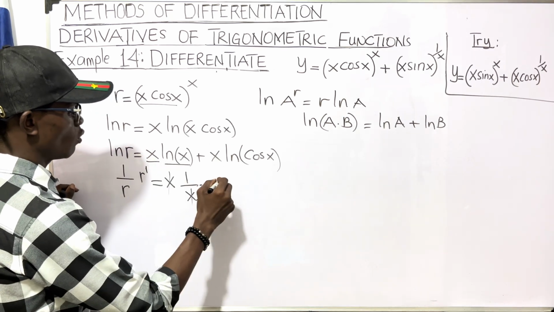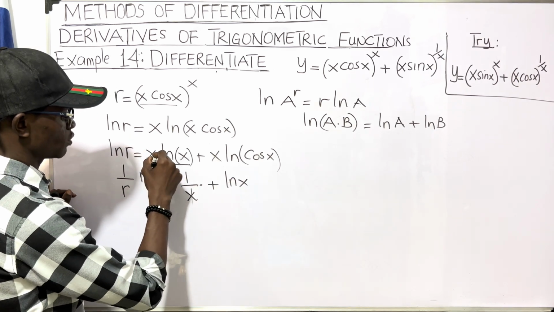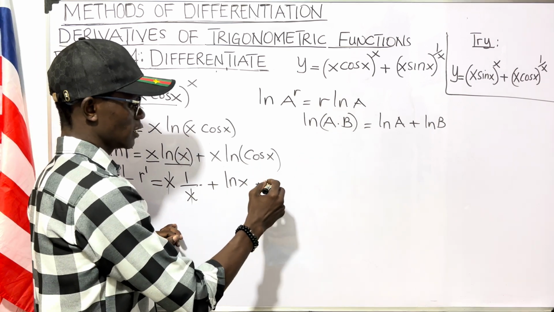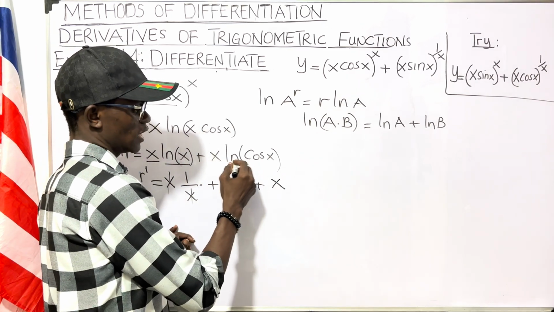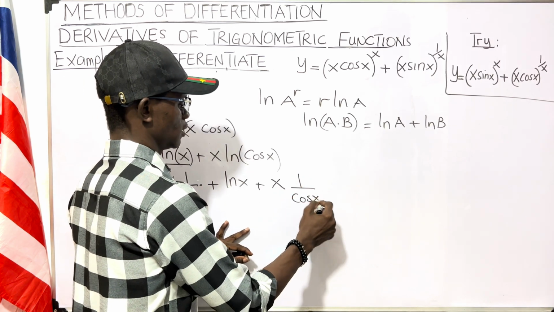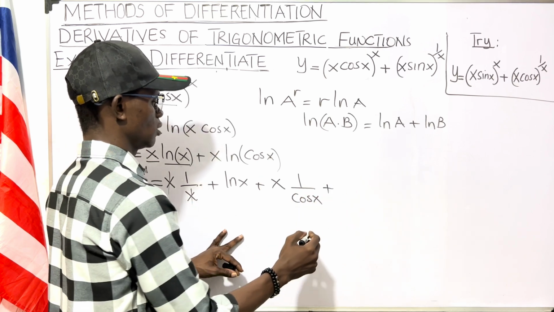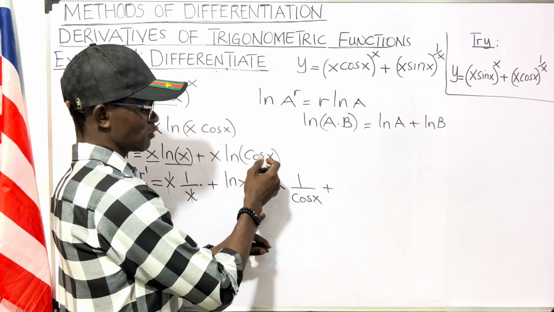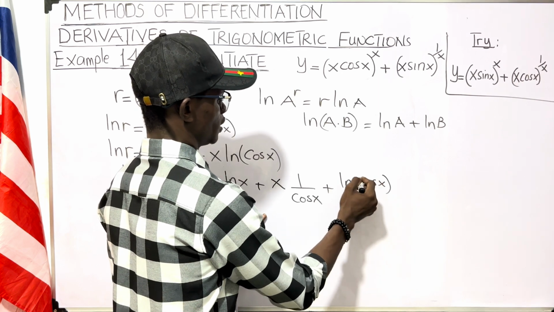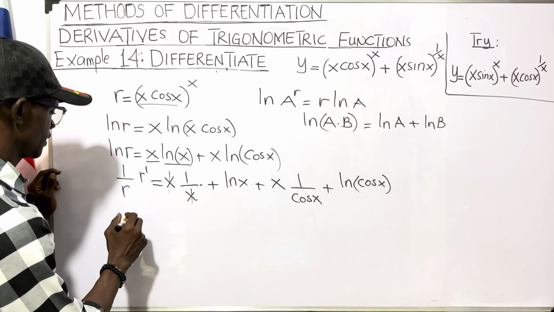Plus we hold ln of x and differentiate x, and we get 1. Plus, on this side, we hold x and differentiate ln of cos x, which gives 1 over cos x times the derivative of x, which is 1. Plus we hold ln of cos x and differentiate x, and we also get 1. So we can just simplify it.